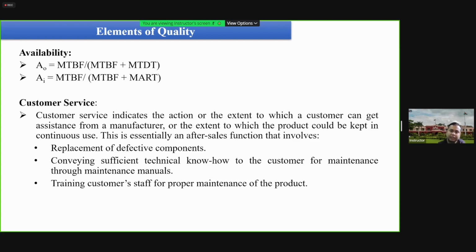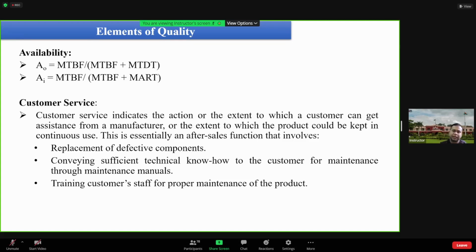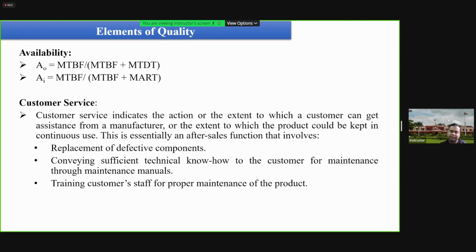That is because our mentality is that after some time this product is going to have some issue and we will get it repaired from the service center or elsewhere. So we are not taking these two elements seriously, but those organizations take them very seriously, and hence they provide better quality products and better service to customers.